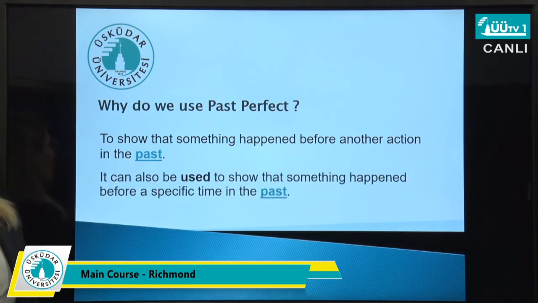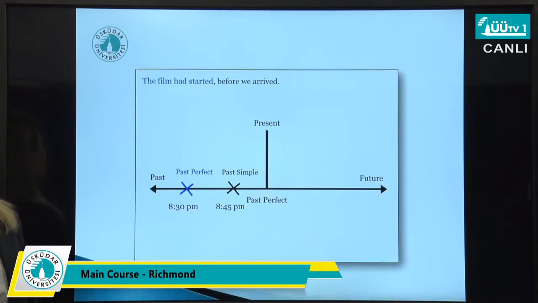Another usage of past perfect is to show that something happened before a specific time, again in the past. Here we have another timeline, focusing on past perfect. Let's start with one example: The film had started before we arrived.